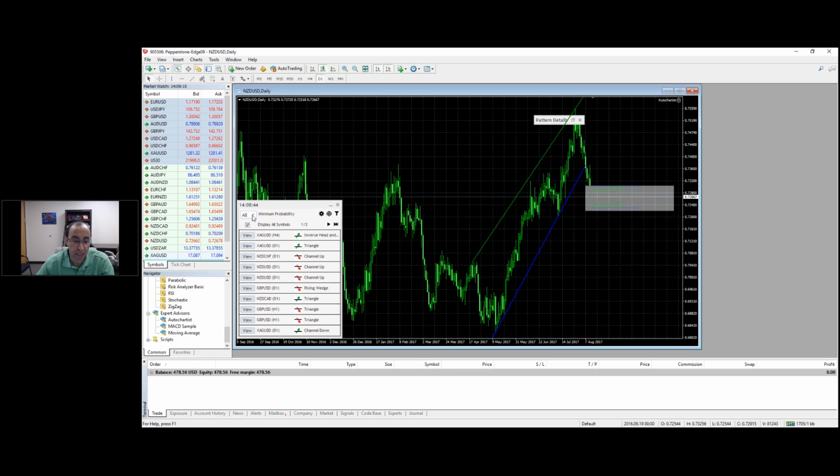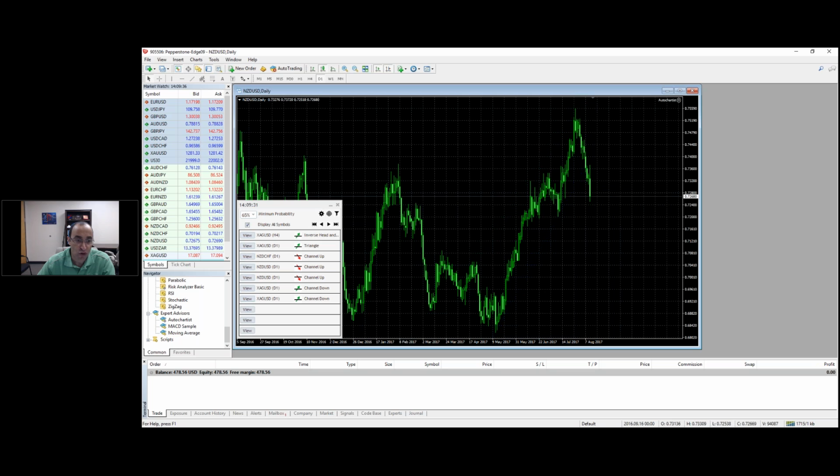If you simply drop this drop-down box and choose one of these items from the drop-down, oh, if I can actually get that to work, Autochartist will filter for the opportunities with that minimum probability level.